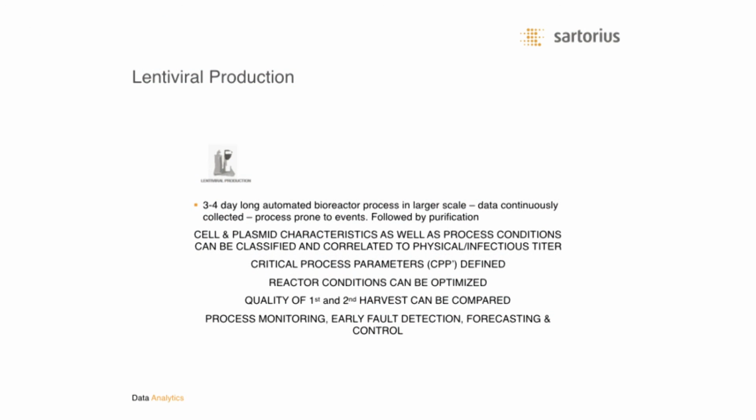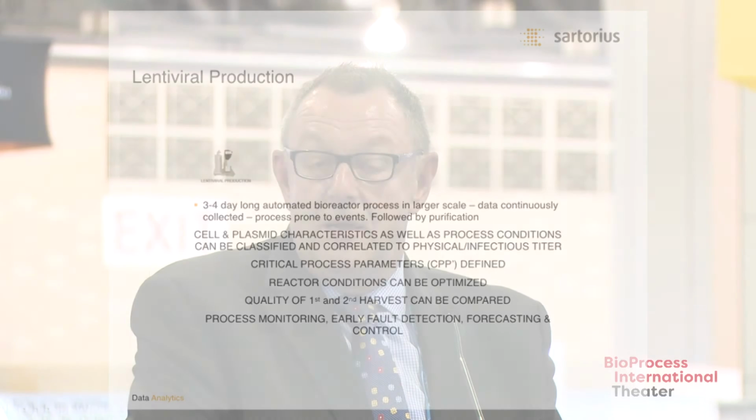Similarly for lentiviral production, higher volumes of course, but we had a 3 to 4 day automated bioreactor process, and again, with critical process parameters defined, we could look at how those process parameters were driving the production and allow us to forecast how these processes deviated and intervene before we had a disqualifying result, so early fault detection.